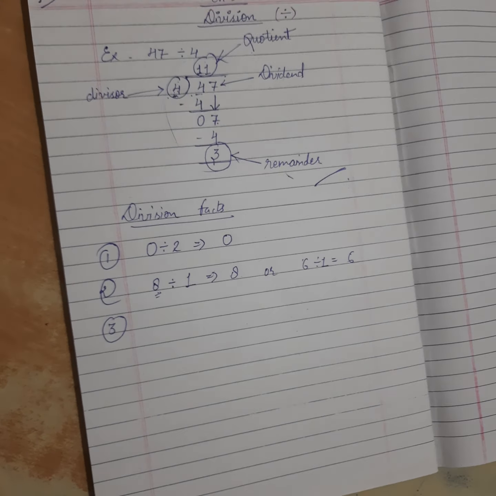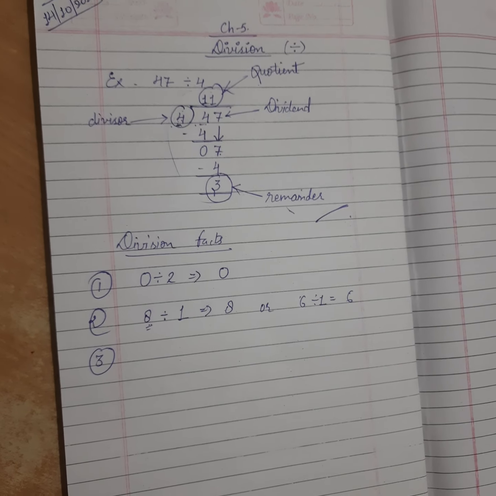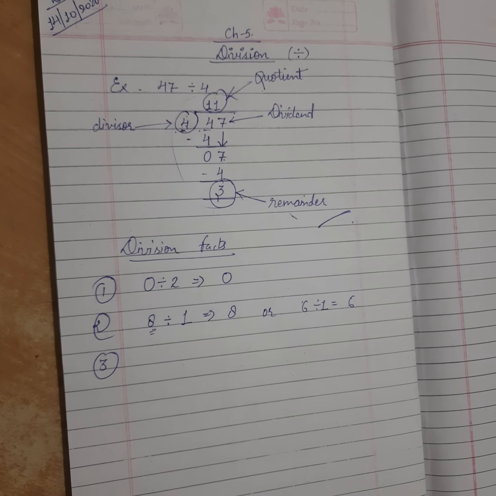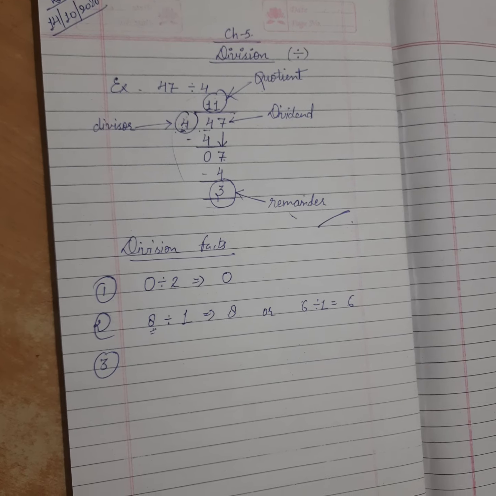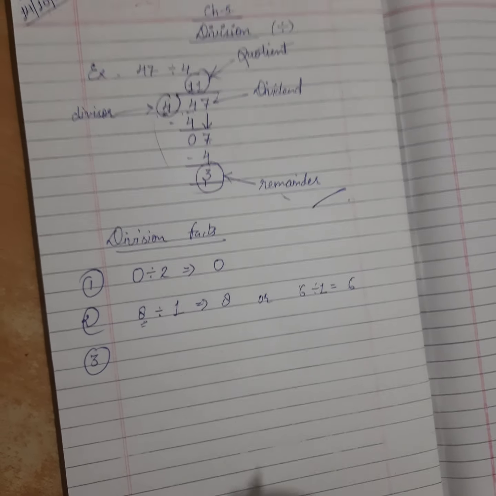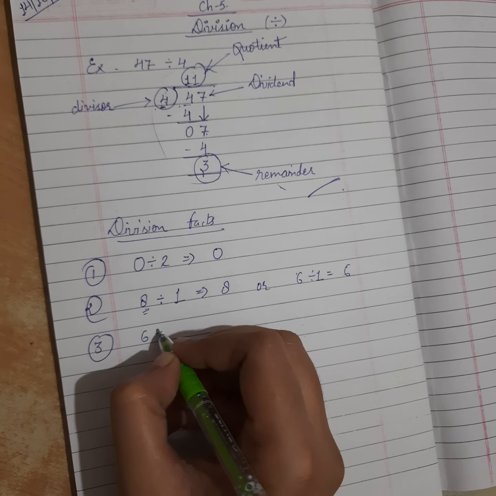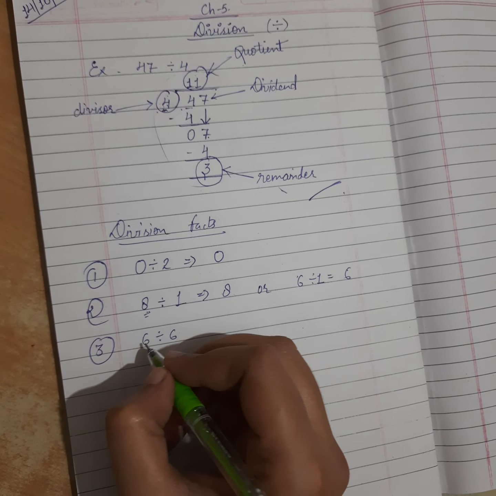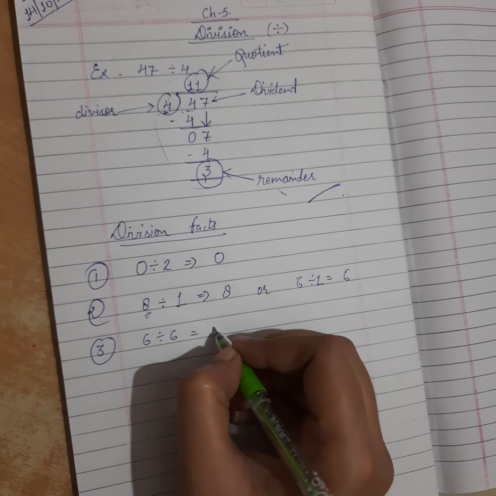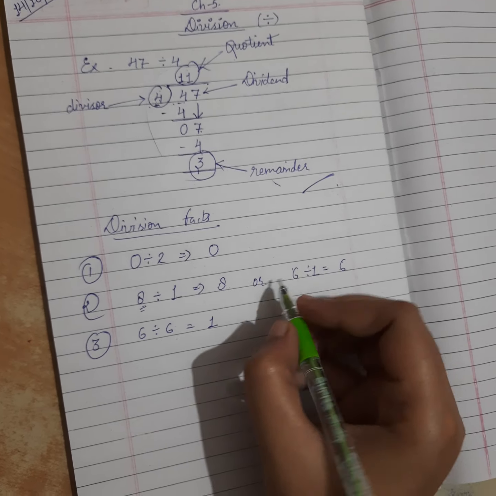Next, any number divided by itself gives 1 as the quotient. Suppose I am dividing 6 by 6, the quotient will always be 1.